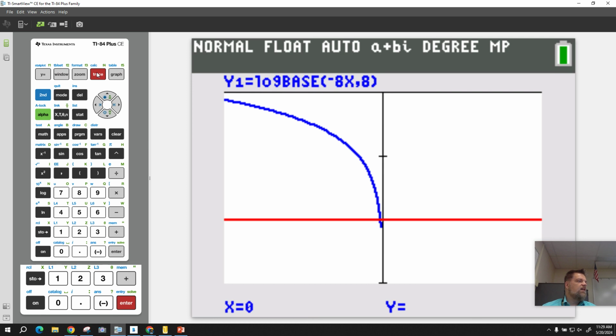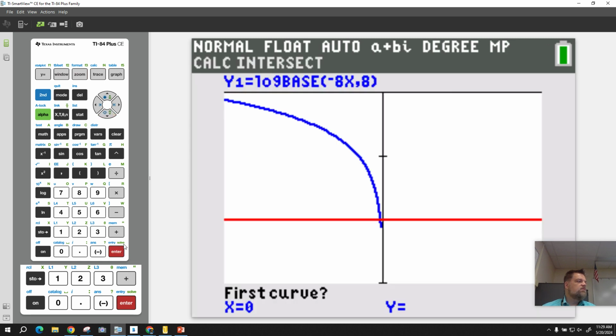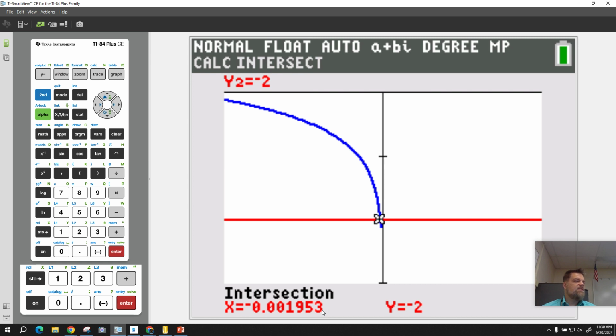So if I hit second calc and do the intersection, I move my cursor over to where it is. I hit enter, then enter, hit enter, and that's my answer as a decimal.